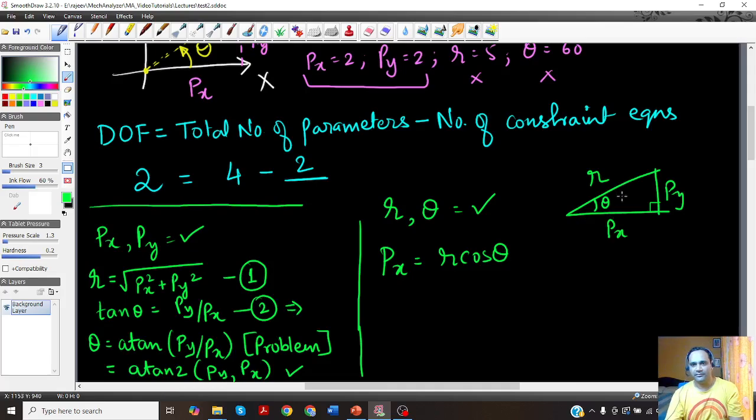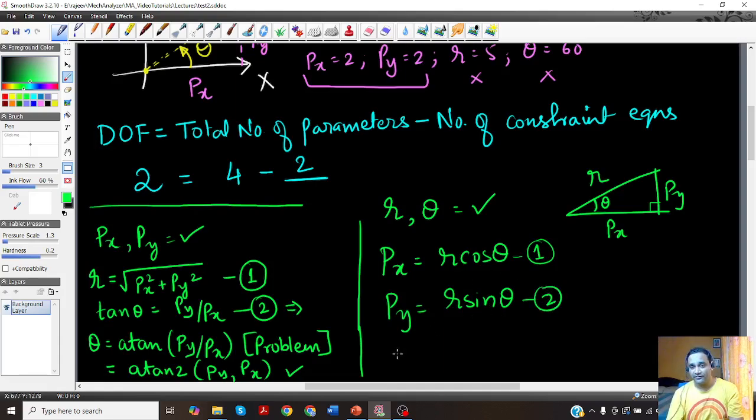Similarly, sin theta is py upon r, so py will become r sin theta. So again r and theta is given, so you will be able to have equation 1 for this, and equation 2. So these are the constraint equations.